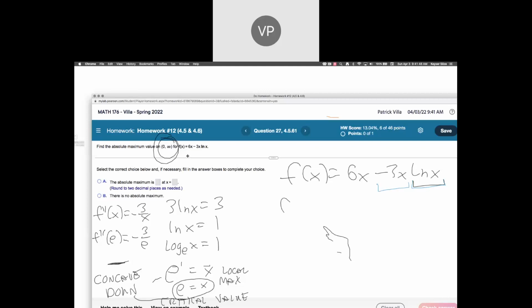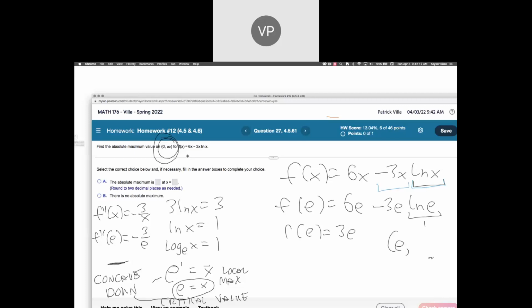Okay, we have the e. Let's plug in the e just to see what we get. So that's going to be 6e minus 3e natural log of e. And just so we're clear, the natural log of e is 1. So f of e is ending up to be 3e.